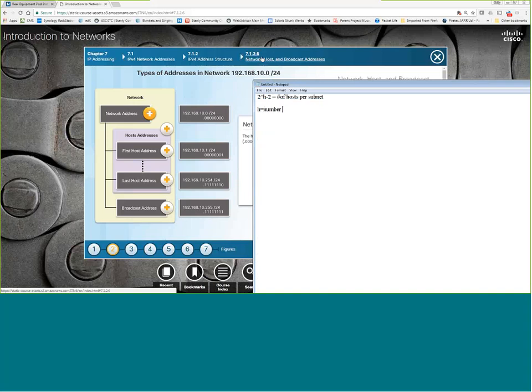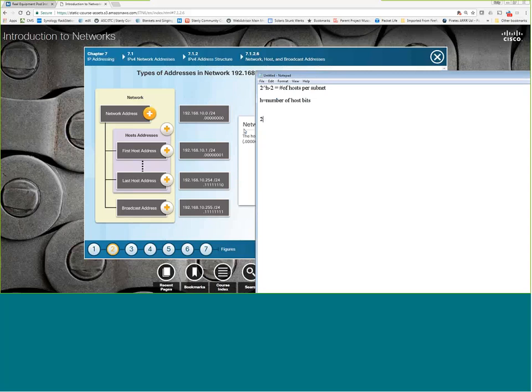In our example here, we've got 8 bits, so 2 to the 8th power. What is that, by the way? 2 to the 8th power is 256, minus 2, so it's 254.